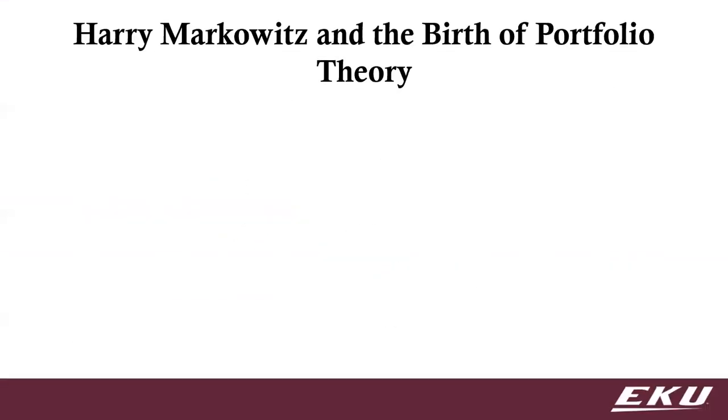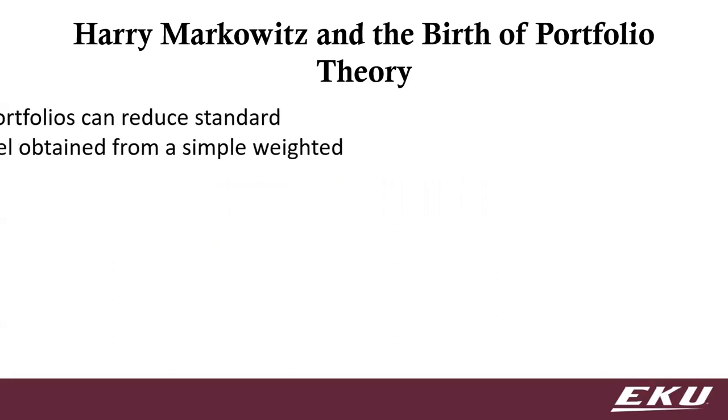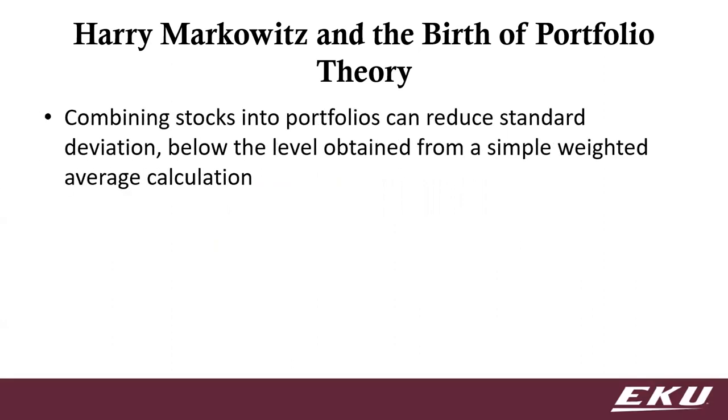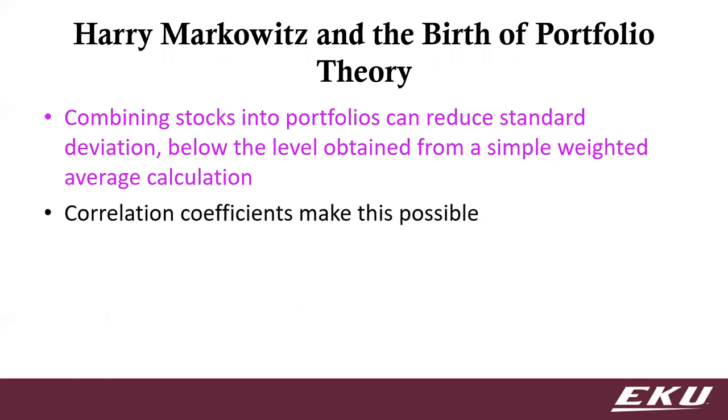Okay. And so starting from this, Harry Markowitz came up with portfolio theory, right? And said, look, if I go out there and I take these various stocks, I put them together, because there is this correlation between them, the level of risk that I'm going to have is going to be less than if there was perfect correlation between them, right?